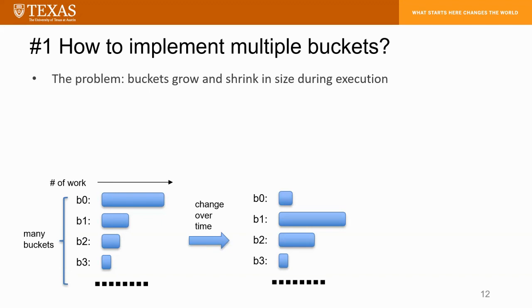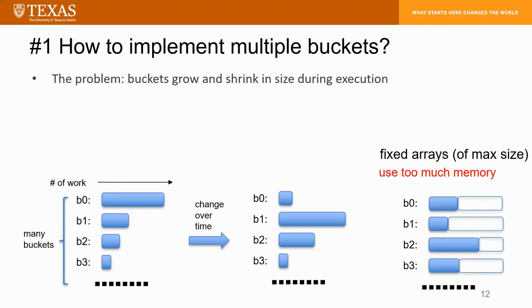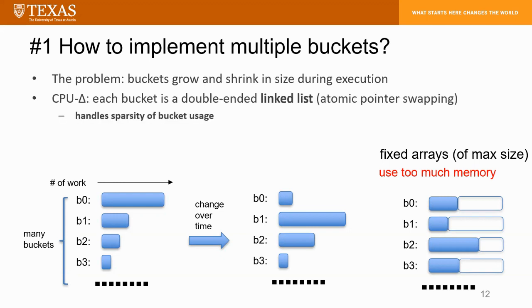Furthermore, the number of work items in each bucket also changes over time. That means it is impractical to implement those buckets as fixed-size arrays because you would use too much memory. To solve this problem, for CPU data stepping, each bucket is implemented as a linked list, so it can handle this kind of sparsity in bucket usage.